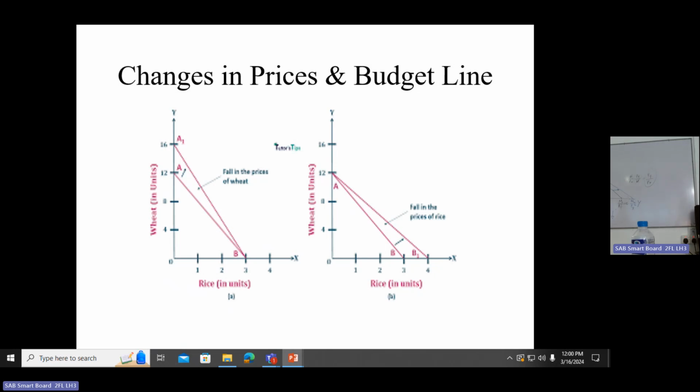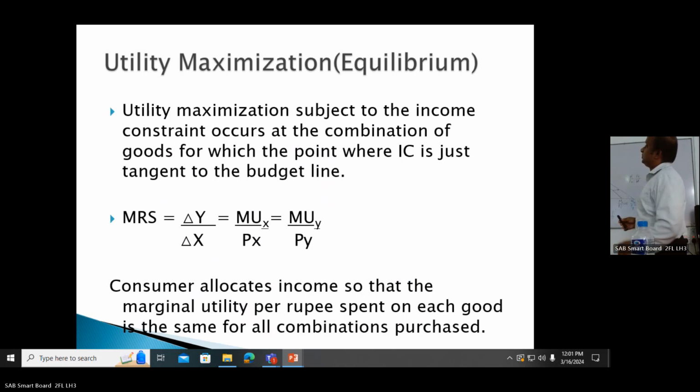A fall in the price rotates the axis, right? It's clear, right? So now the equilibrium, right?